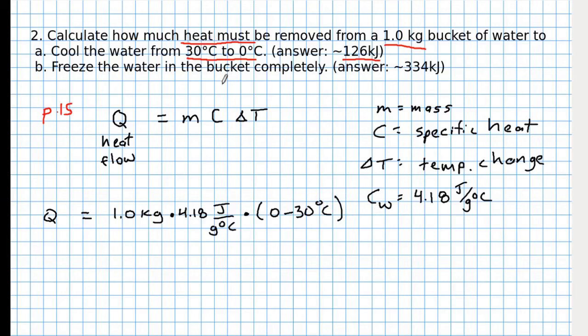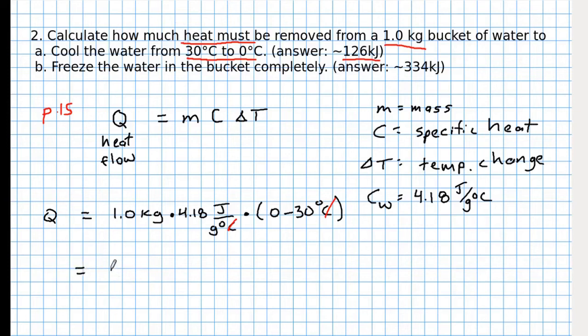All right, so I could just multiply this out, but the units don't quite match up right. I've got kilograms and grams. I've got degrees Celsius, and joules. So I'm going to have to do a little bit of unit conversion. I can see that the degrees Celsius and the degrees Celsius are going to cancel out. So I think all I need to do is change the kilograms into grams, or vice versa. So I'm going to do the kilograms into grams.